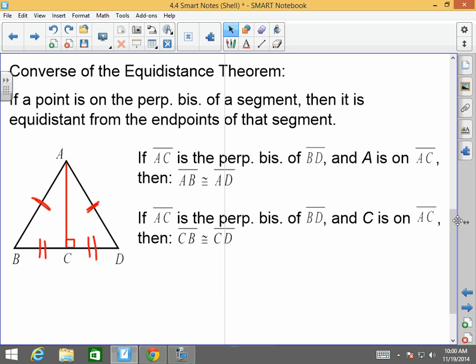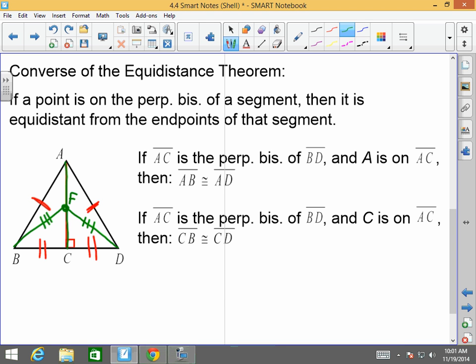And now I'm going to blow you away, hopefully. If I tell you that AC is the perpendicular bisector of BD, and I just put a random point here, F, guess what, guys? FD will be congruent to FB because it is a point on the perpendicular bisector. Powerful stuff here.